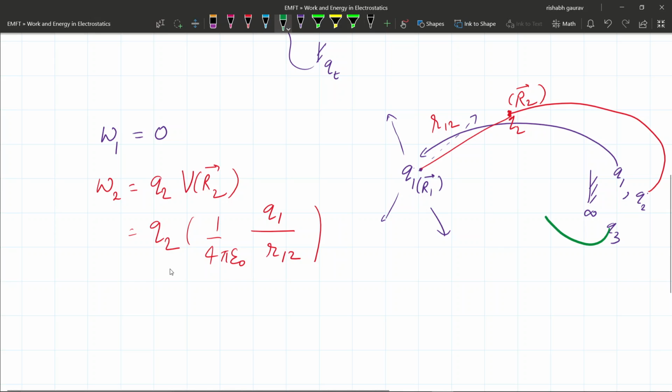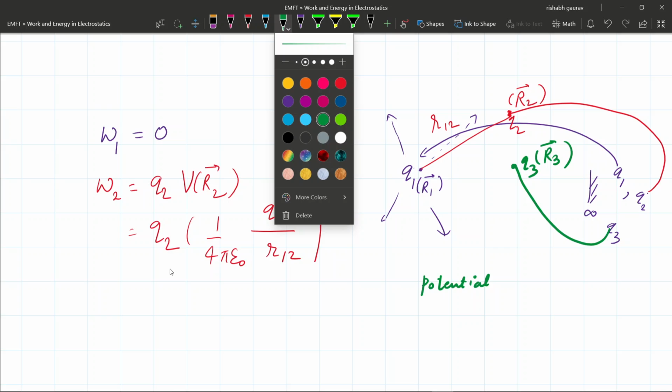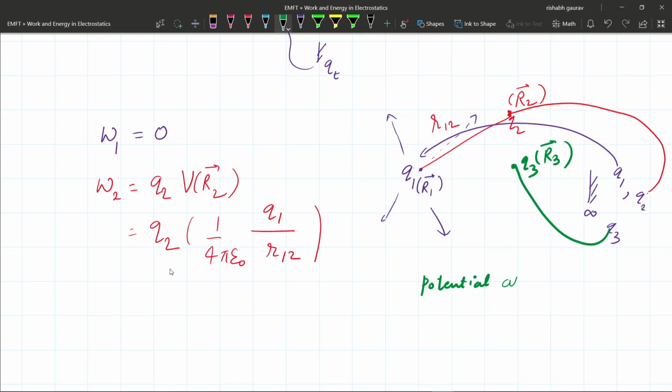Now if we bring charge Q3 at the position R3, at this point R3 the potential will be due to both Q1 and Q2.